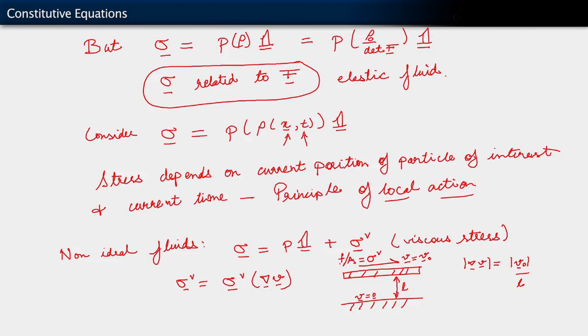The relation that's usually found is that sigma V, the force you need to apply divided by the area of the plate, is equal to the viscosity of the fluid times V0 over L. So this is the simplest sort of example of a viscous fluid.